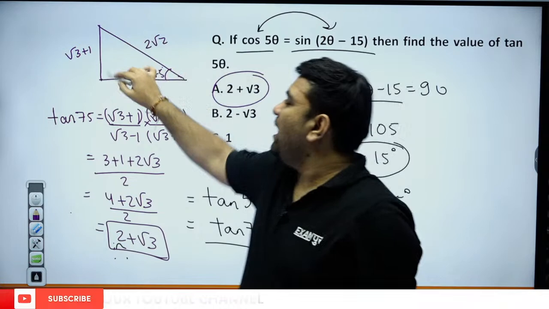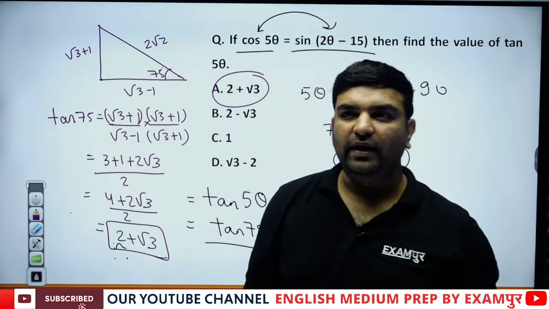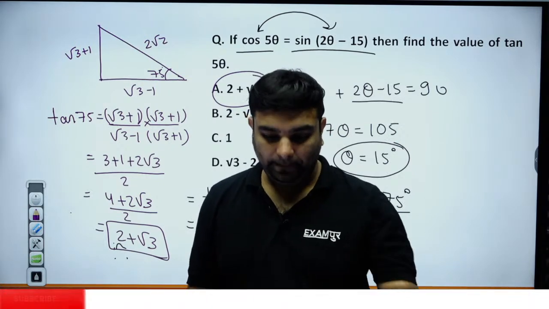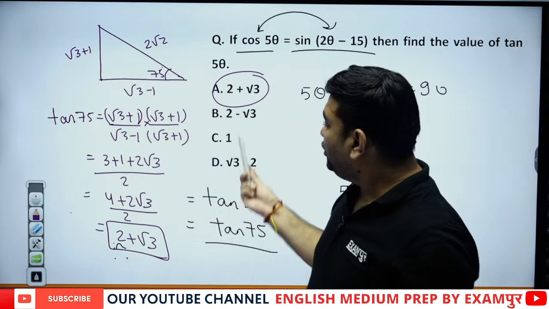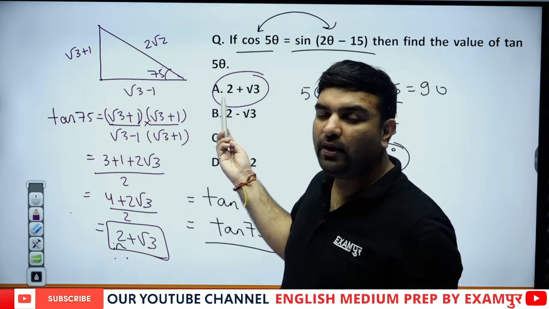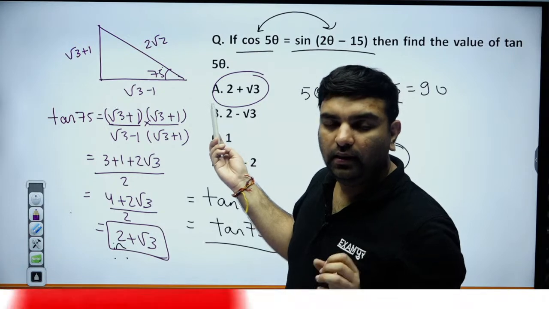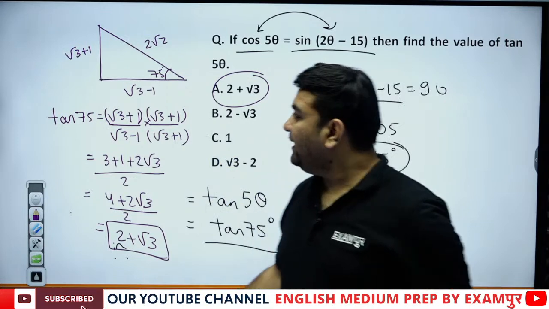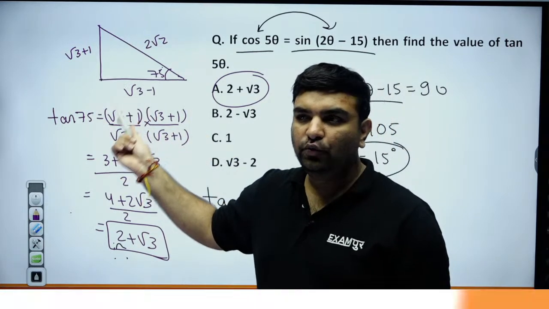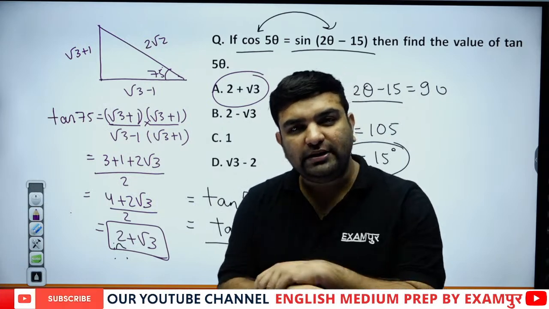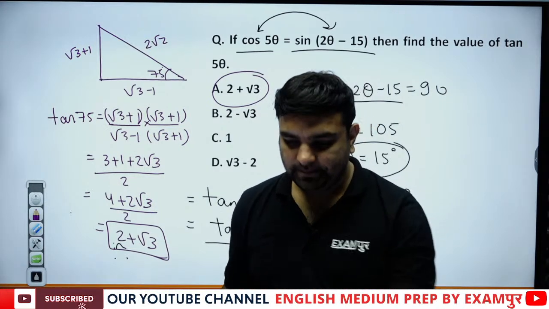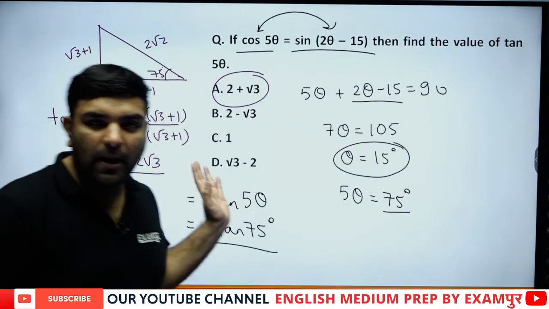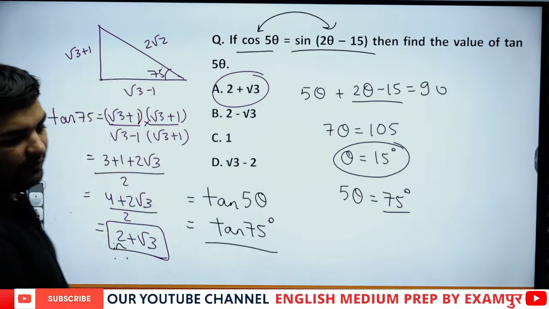But if you remember this triangle, you can also write sine 75 and cos 75. That was the point. If I told you to remember only the value, it would have been easy for me to directly tell you tan 75. But if you remember this triangle, you can also write sine 75 and cos 75.